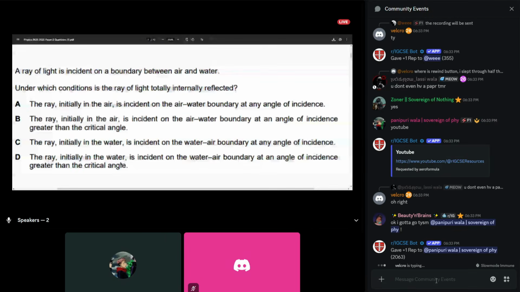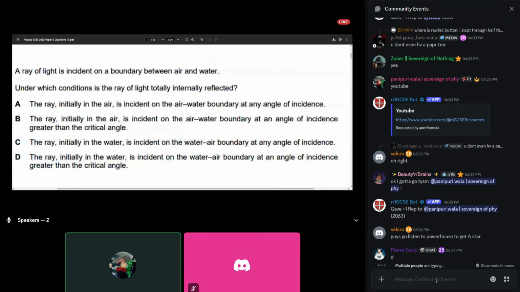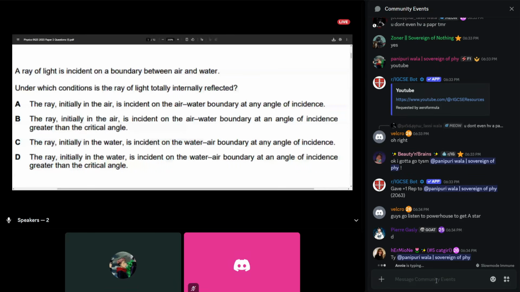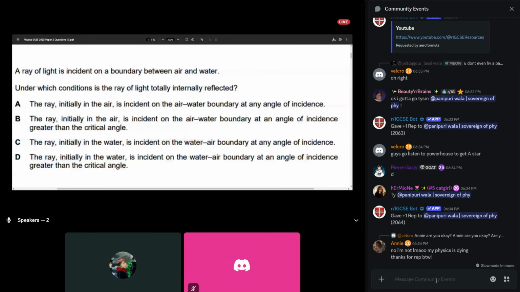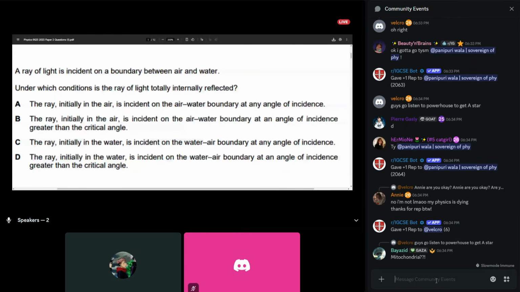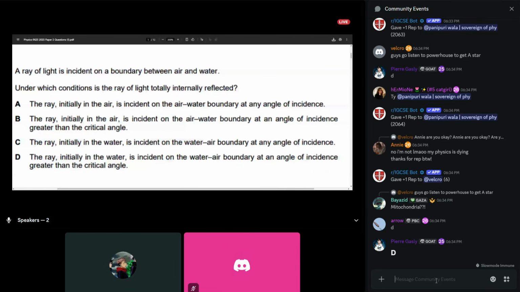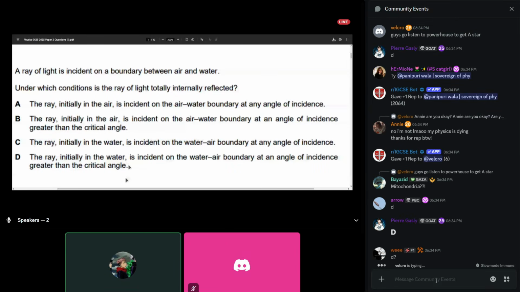This one. Under which conditions is the ray of light totally internally reflected? I'm going to wait for some answers to come.